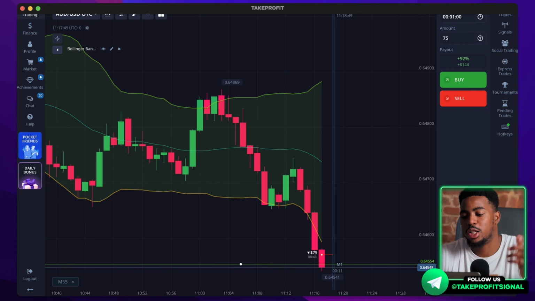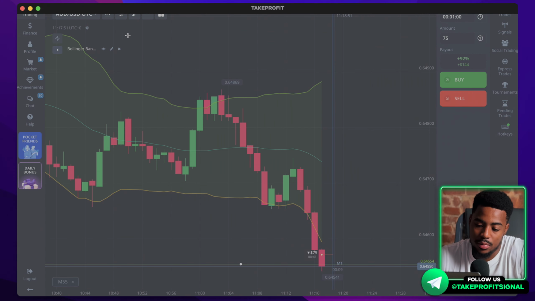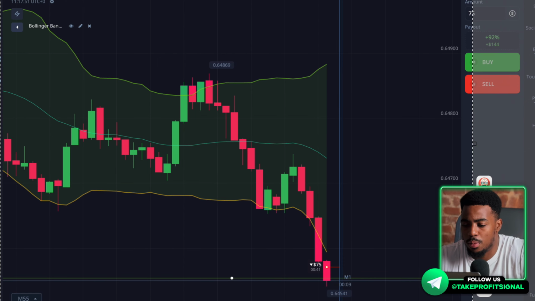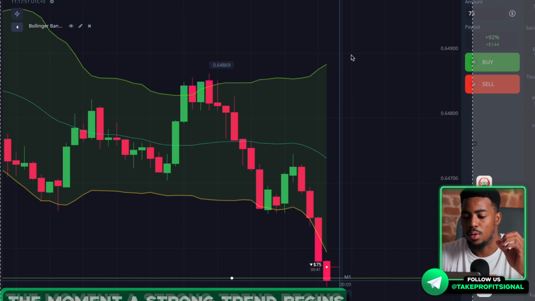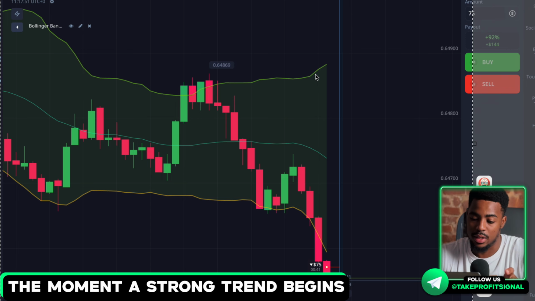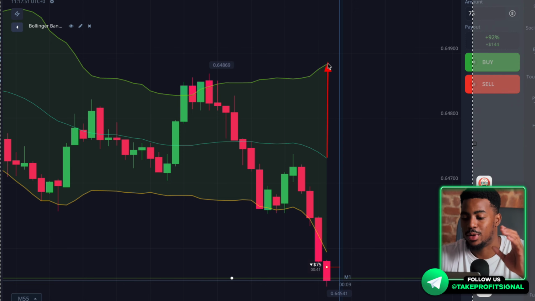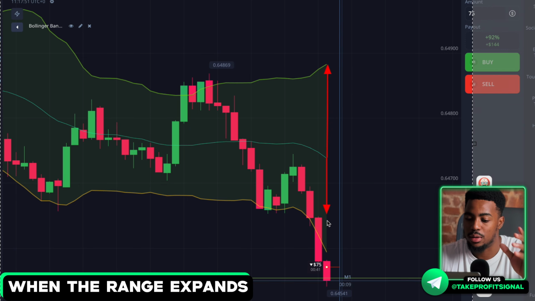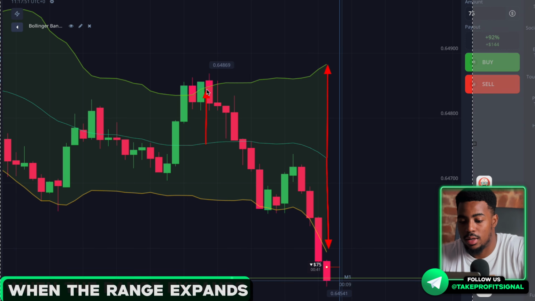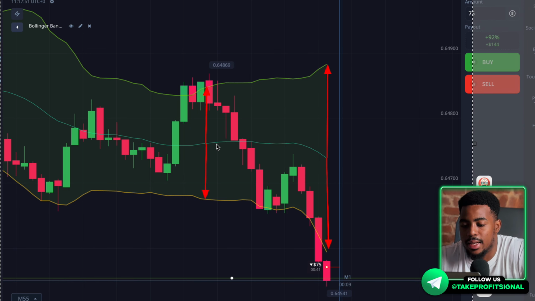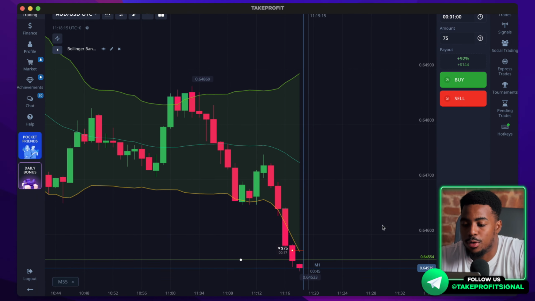Why did I open a trade for a downward movement here? Look, Bollinger Bands is a great indicator that allows me to determine the moment when a strong trend begins. This moment appears precisely when our range expands. Look at the trading range here, the space between the upper and lower boundaries, and how much larger that range is at this point.